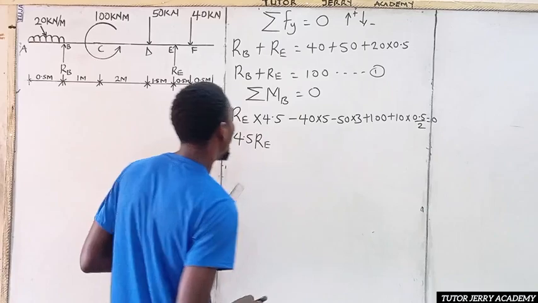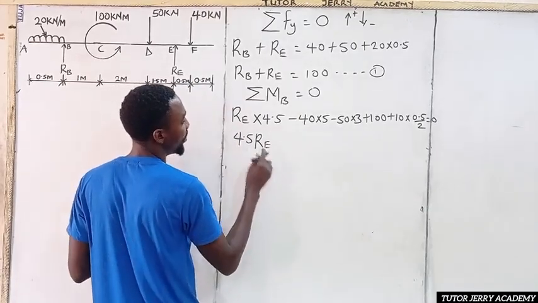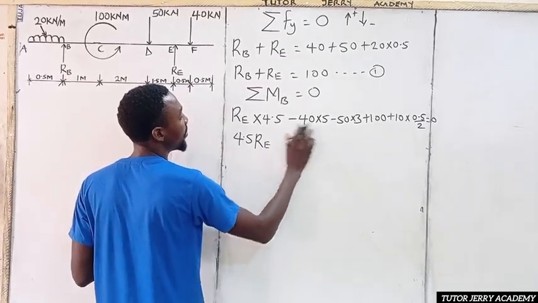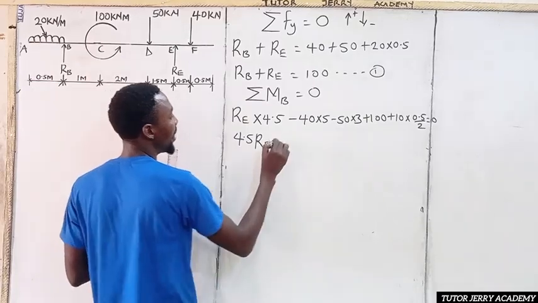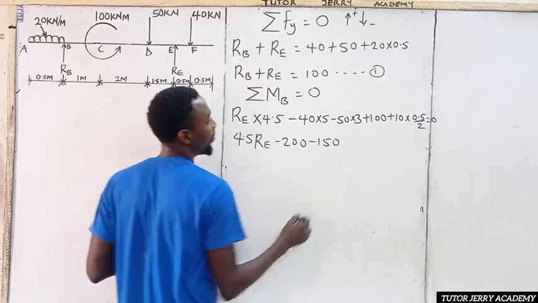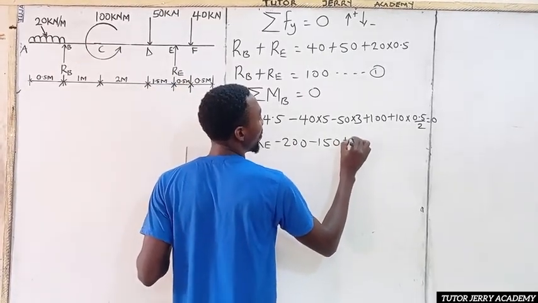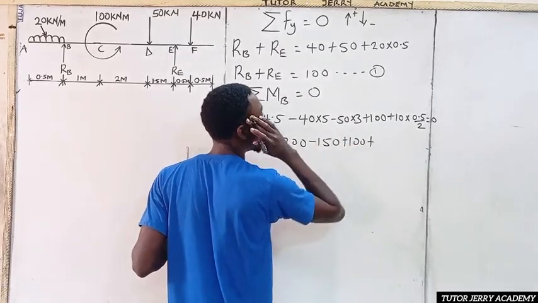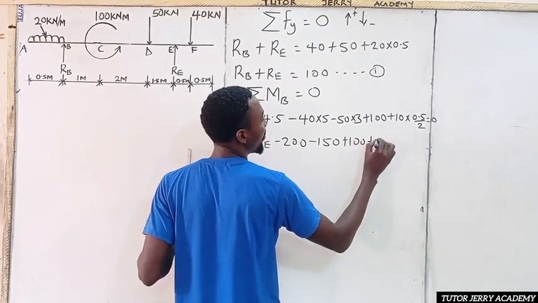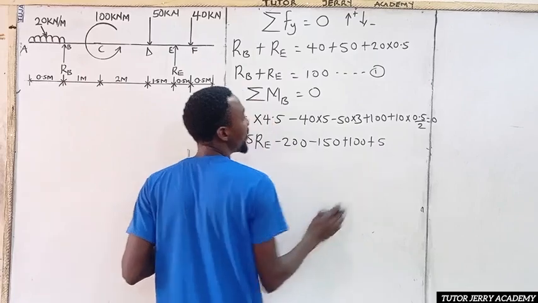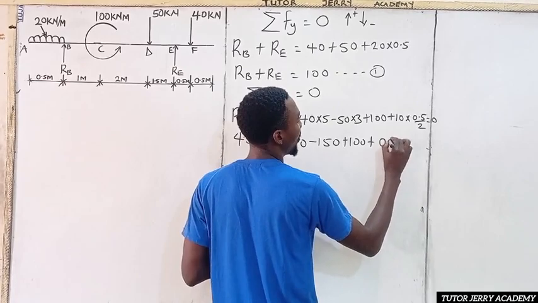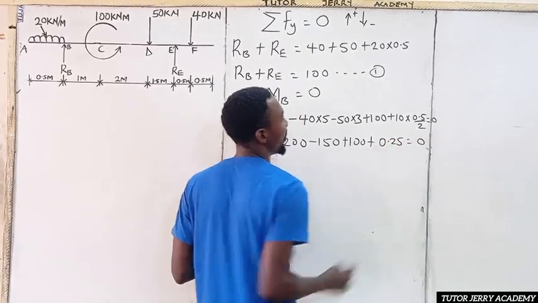Before equating, let's do a simplification. Minus 40 times 5, that is minus 200, minus 150, and then plus 100, then plus 5 multiplied by 0.5, that is 0.25, which will be equal to 0.